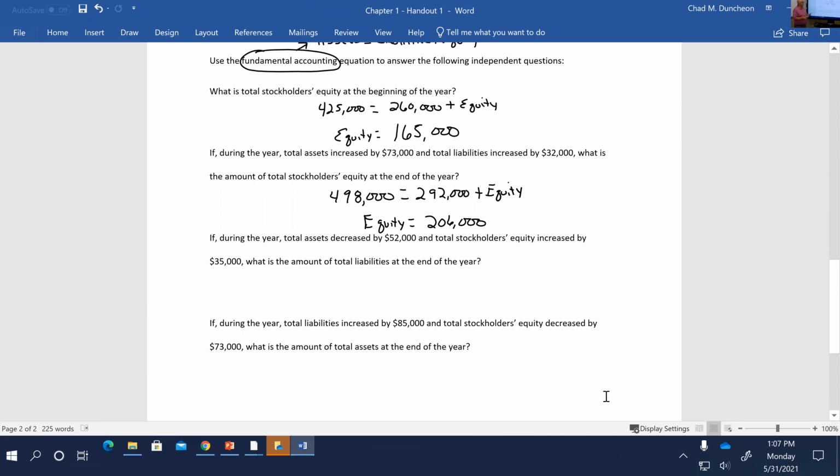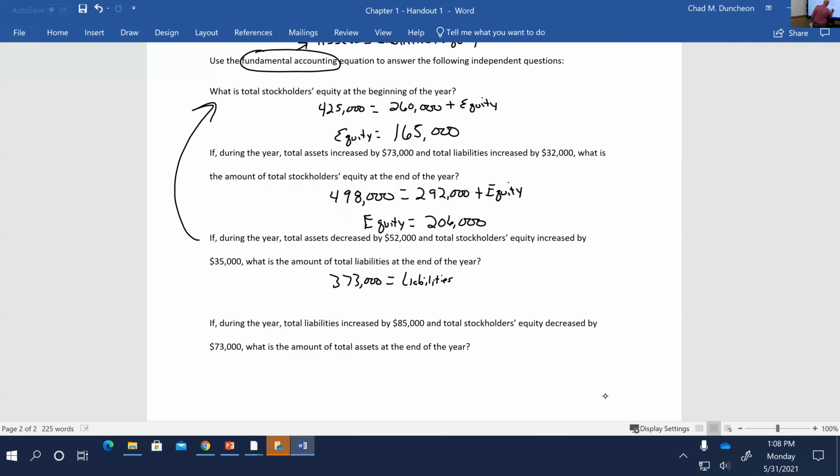All right, if during the year total assets decreased by 52 and total stockholders' equity increased by 35, what is the amount of total liabilities? Remember, they're all independent, so we're going back to our original. Our total assets decreased by 52,000, so now we only have 373,000 in assets.